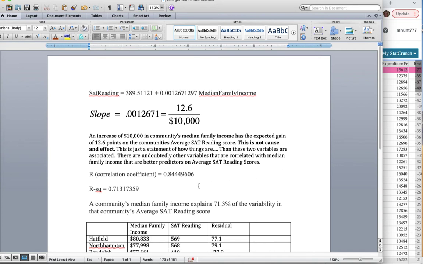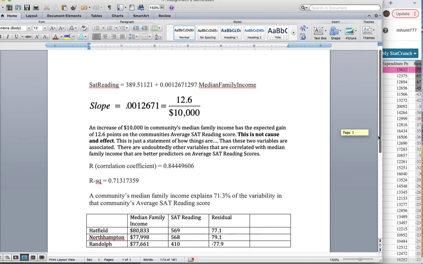You'll be asked for R squared. R squared is 0.71. What does that mean? It means that the X variable, median family income, explains 71.3% of the variability in the Y variable, which is average SAT reading score.